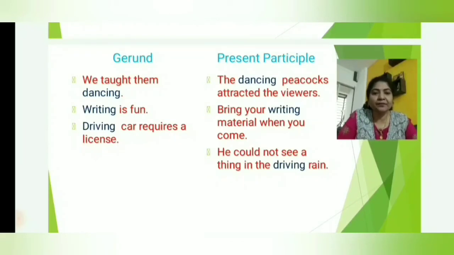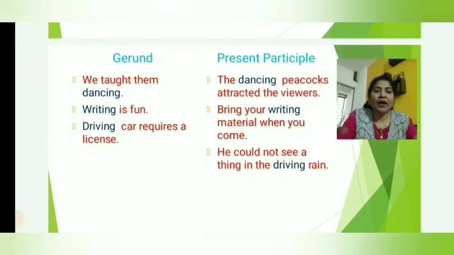Writing is fun. Bring your writing material when you come. Here in writing is fun, it is a verbal noun. In bring your writing material, material is a noun, and writing is qualifying the noun, and that's why writing is a verbal adjective here.